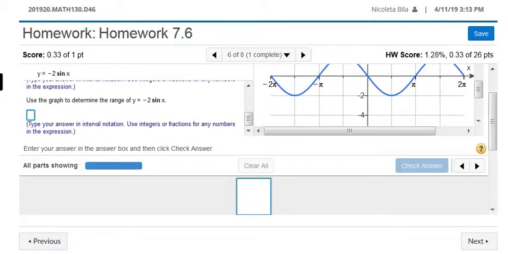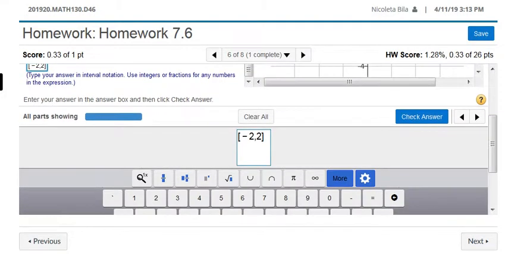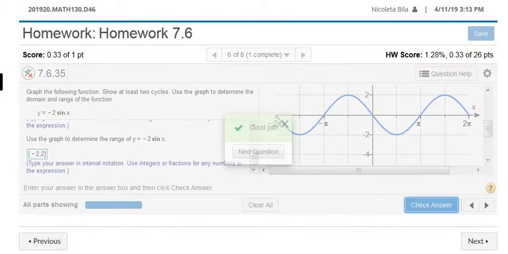So I click here, get this box, and type in -2, 2, closed interval at both endpoints, because -2 and 2 are part of the projections. We check the answer. It seems that these are the 3 questions for this problem.